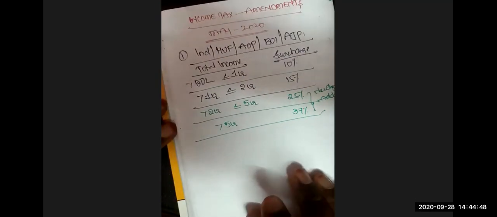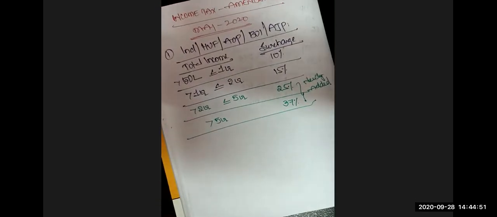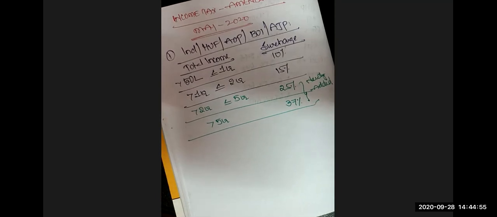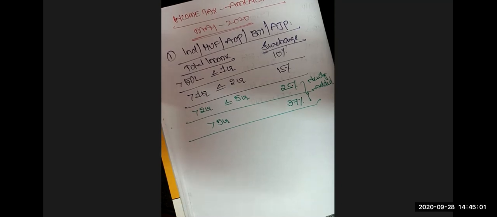So these two were newly added. This is the first amendment in relation to the Introduction to Income Tax. Two new enhanced surcharge rates are added, applicable in the case of individuals, HUF, AOP, BOI, AJP.